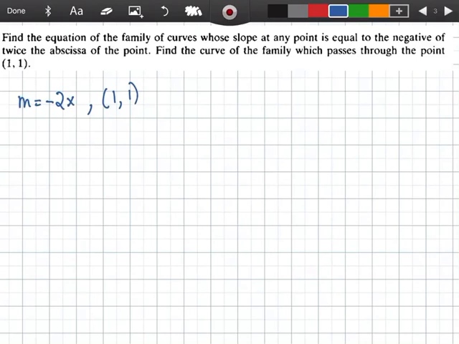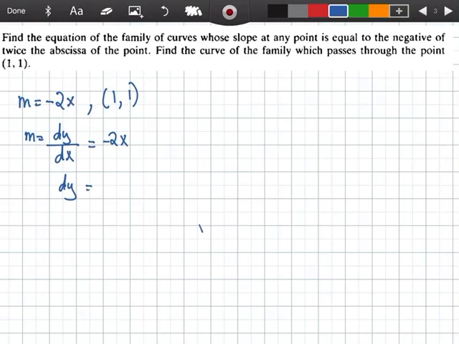In our definition earlier, m is equal to the first derivative of the function, right? So, m is equal to dy/dx. That is negative 2x. For us to get the equation, we are going to integrate the function.